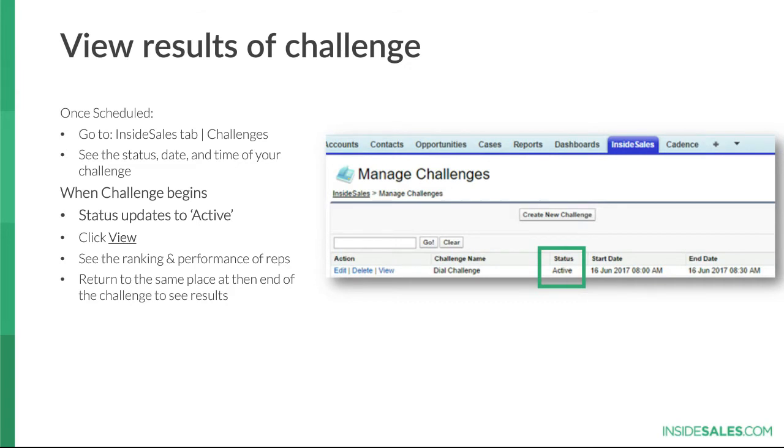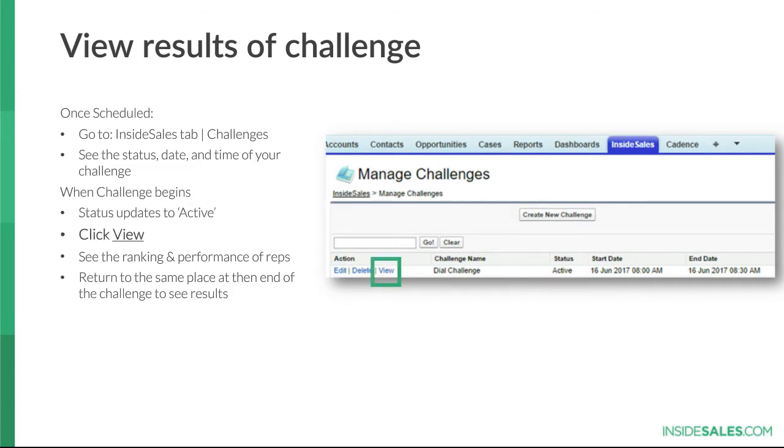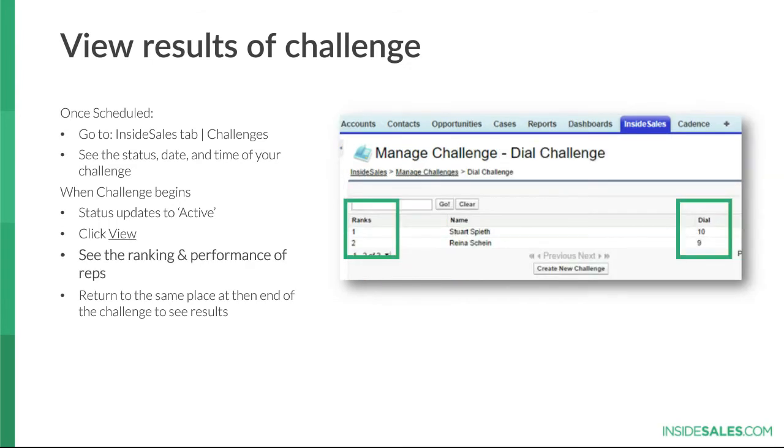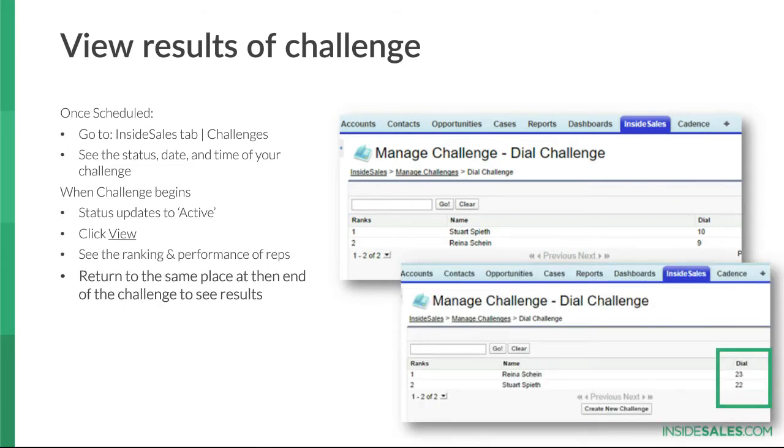And you can always go from that page and click View, and you're going to see the current progress of the challenge: who's leading the pack, what the rank is across the team. When the challenge is all done, you'll see the final results, who ended up winning and what their achievement was on that particular KPI.